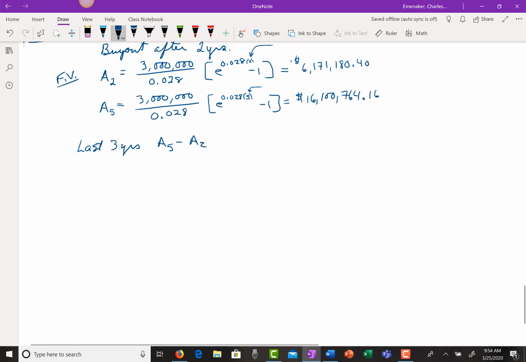So to get that, you're going to take this $16,100,764.16 and subtract from that the $6,171,180.40 the player's already received, and we get that the last 3 years of the contract down the road are going to be worth $9,929,583.76. So the last 3 years needs to grow to this.